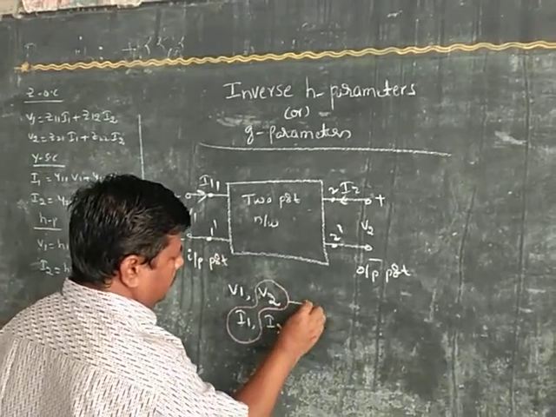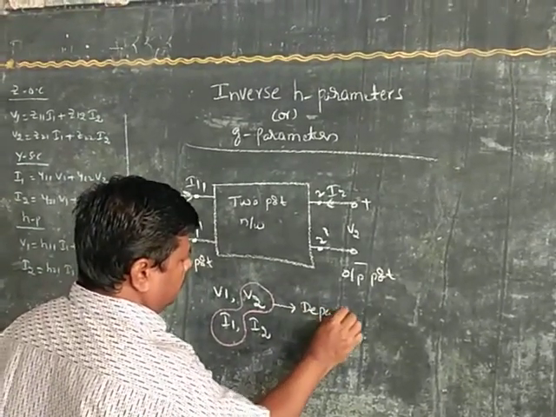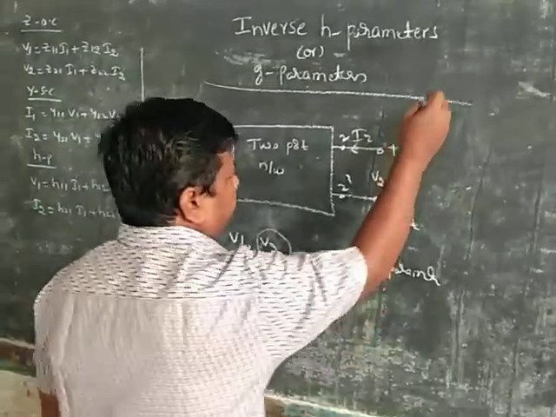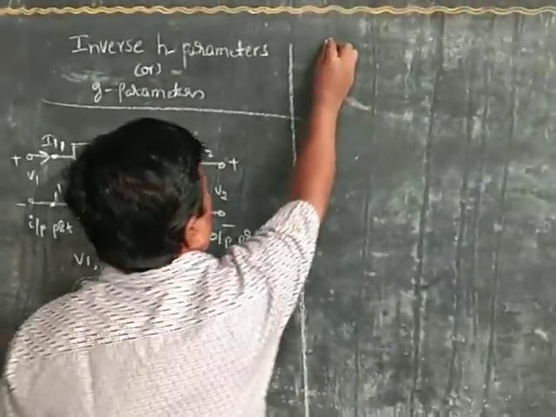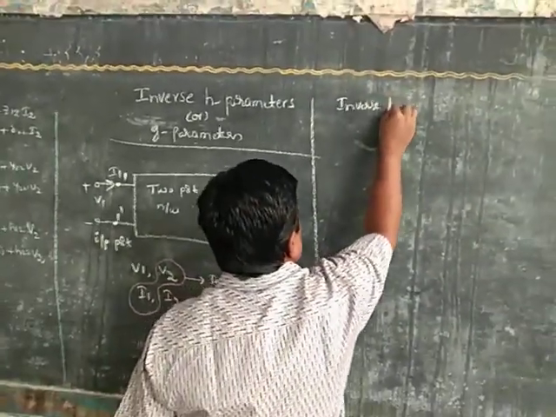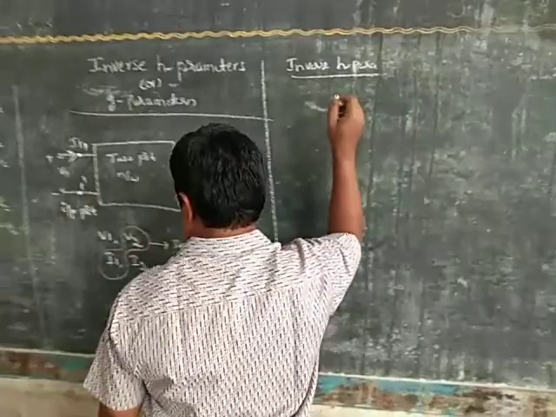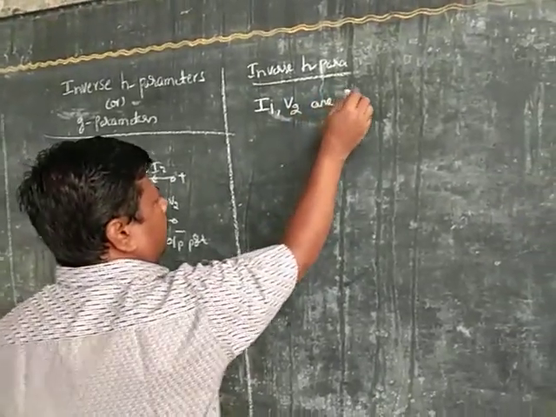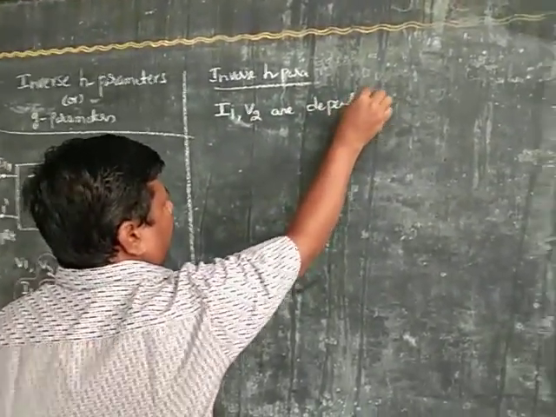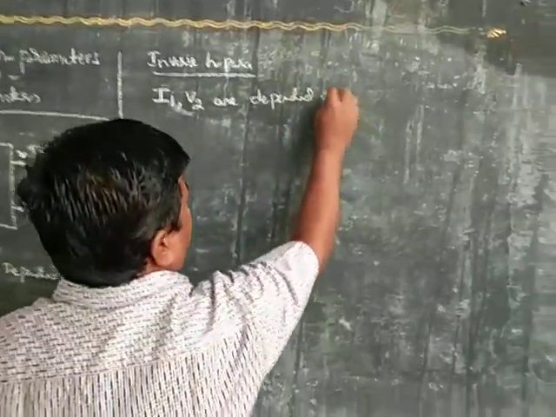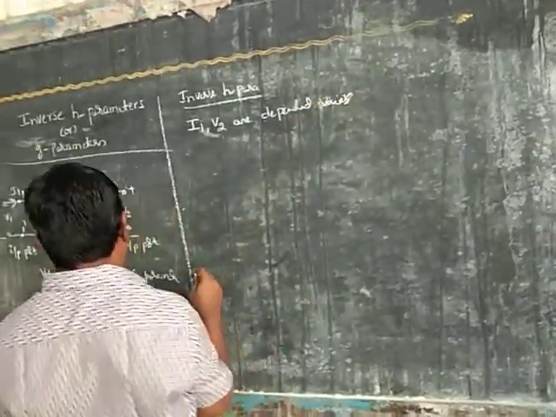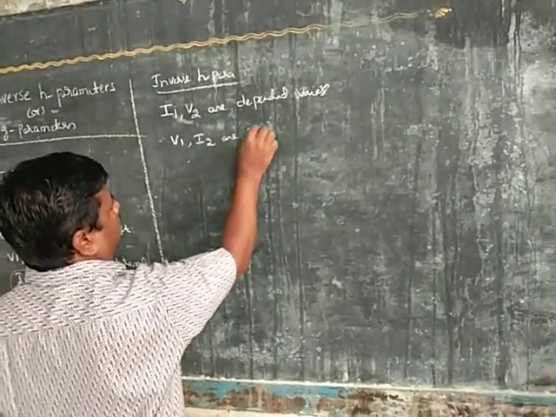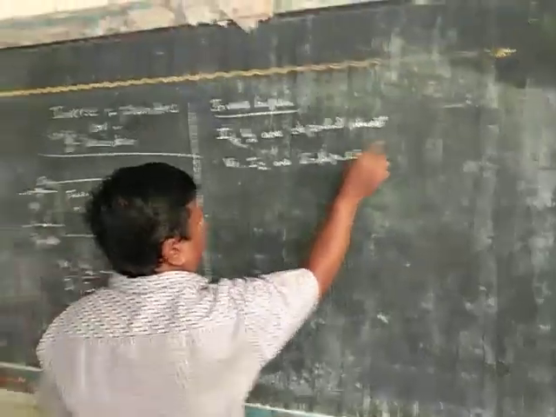I1 and V2 are dependent parameters, dependent variables, whereas V1 and I2 are independent variables.